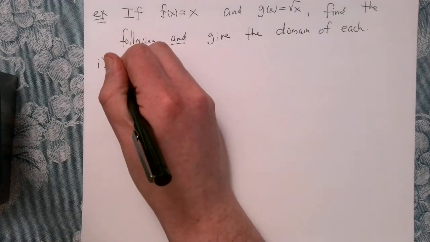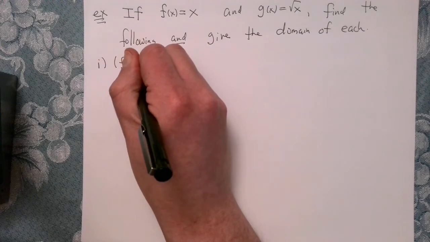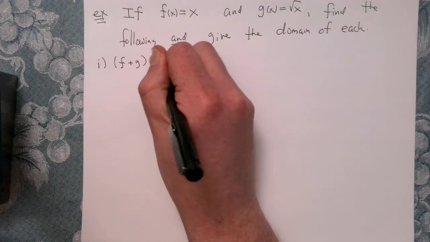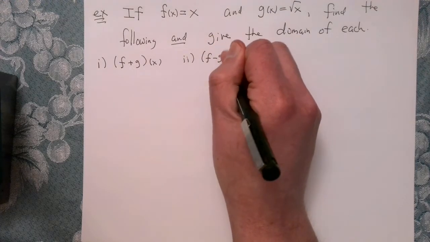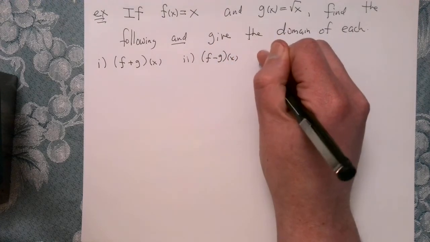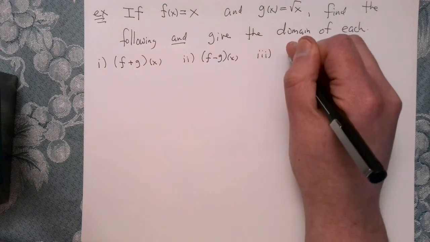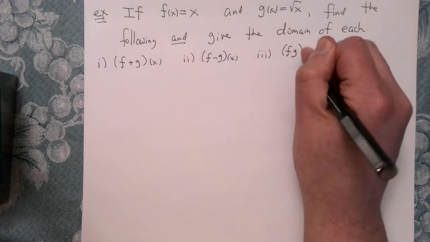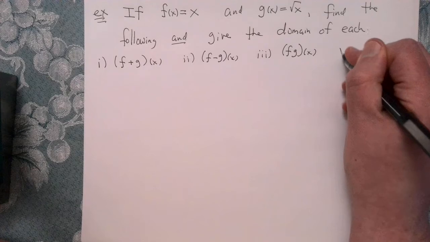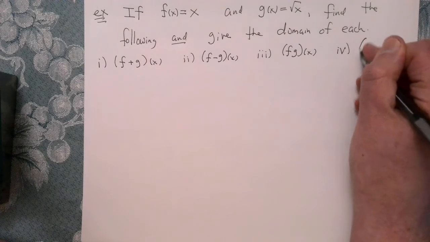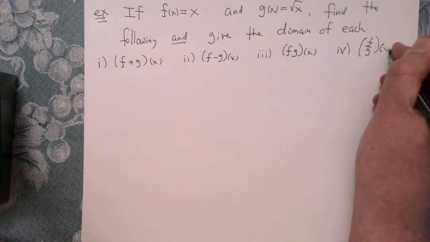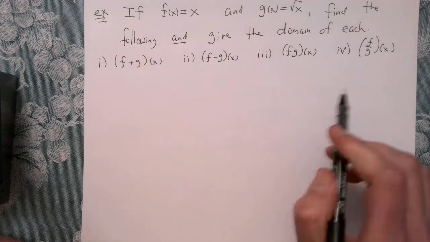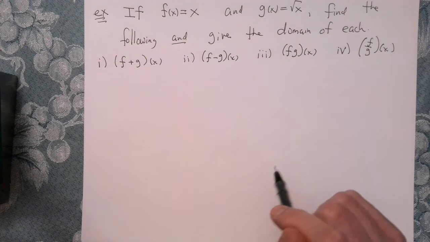Okay, so just as you'd imagine, let's say we want to find the sum function, the difference function, the product function, the quotient function, and we also want to find the domain.